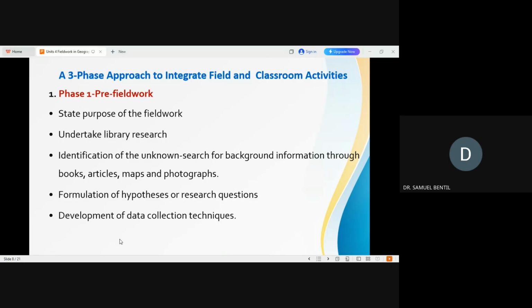Look for areas where these things are located. The things that you need to know, you can even get photographs and maps of the areas, and do all this research to help you get a better appreciation and understanding of this concept, coastal landforms, and how you can expose the learner, where to take the learners to, and what. So all this research must be done as part of the pre-work activity.